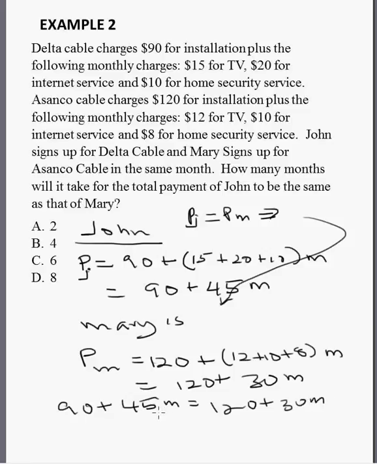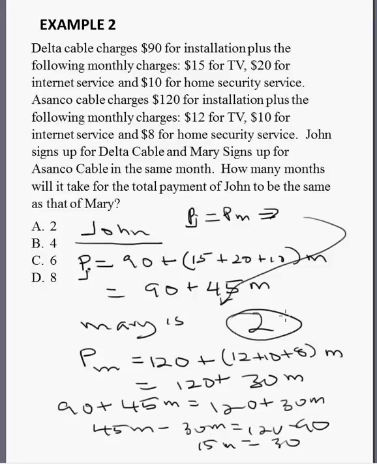Obviously, we are solving for M, so that means 45M minus 30M is equal to 120 minus 90. And this gives us 15M equals 30. So as you can tell here, M is equal to 2. So after 2 months, they will have the same payment. M in this case is equal to 2, and then your answer choice is choice A.